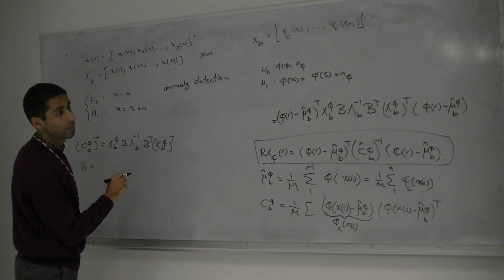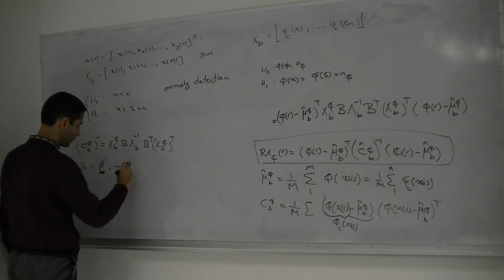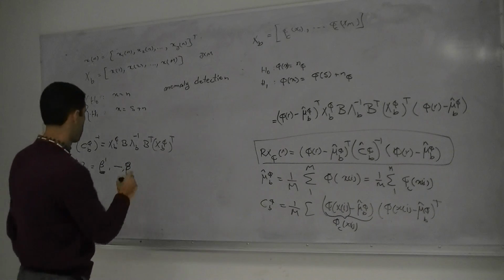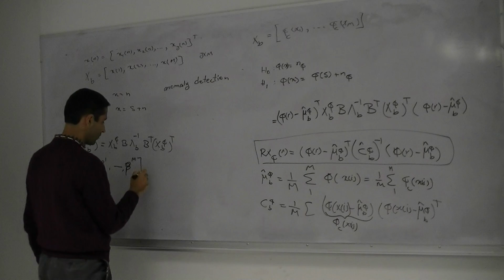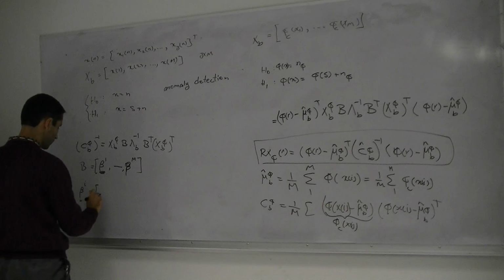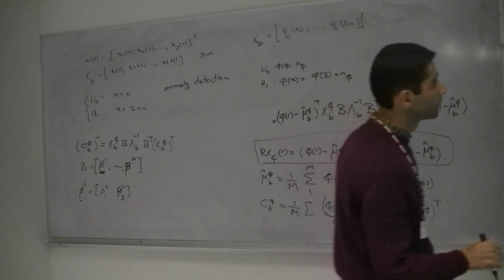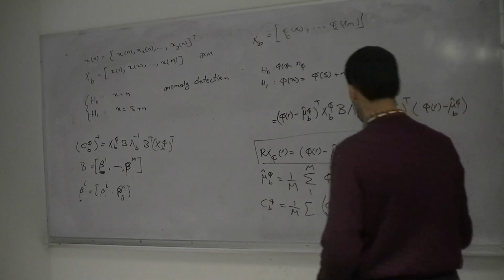Big B is beta 1 to beta n, and beta i is equal to beta 1i to beta ji to beta ni.